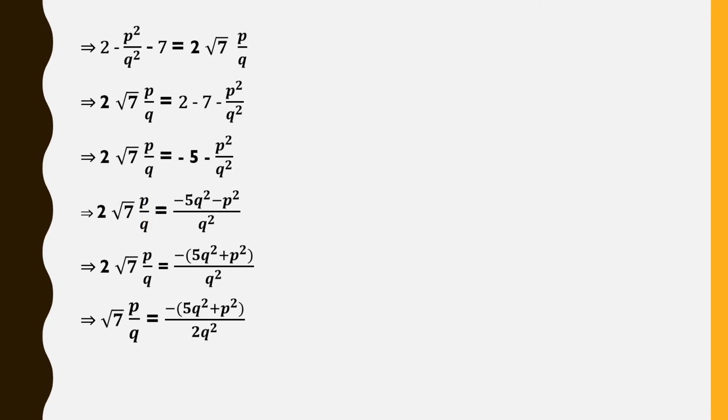Here I took minus as common, both are having minus symbol, so I took minus as common. Next I send this 2 here first, instead of sending p by q. 2q square. Simple, 2 is multiplying here, it goes as division. Now I'll send p by q there, it will become q by p into q by p.